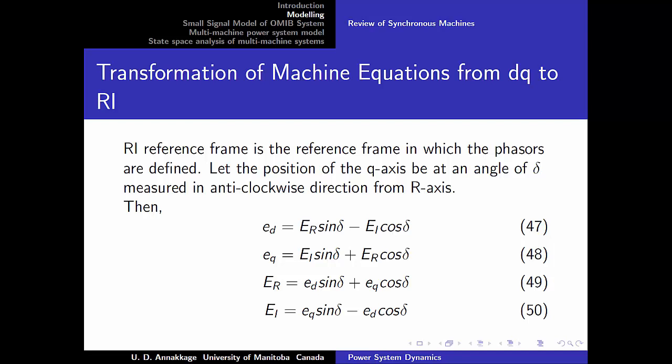It's important to note that the machines are connected to a power system network in a multi-machine power system, and the R axis, or the real axis, is the common reference for all the voltages and currents in the network. We have to express our D and Q voltages and currents into this common RI frame of reference, the real and imaginary frame of reference.